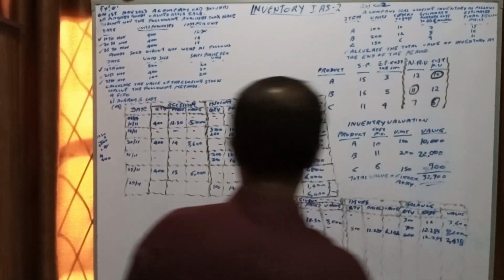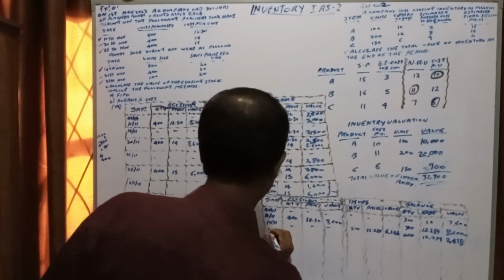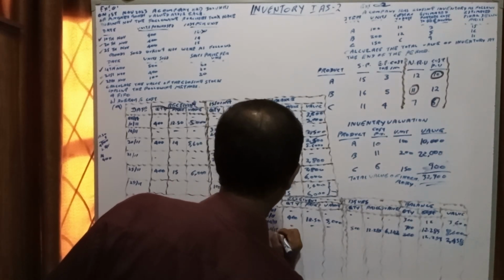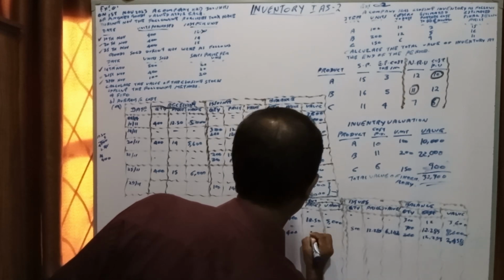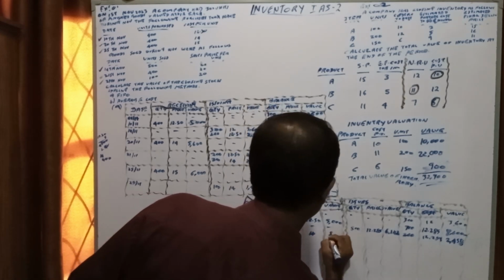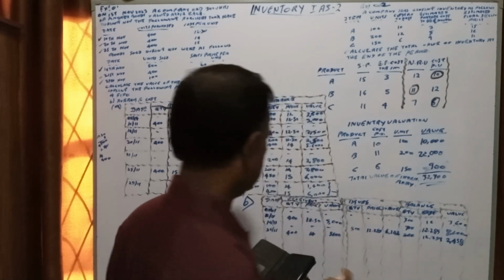Again on 20th of November, they are purchasing 400 units at the rate of 14 rupees, that is 5,600.